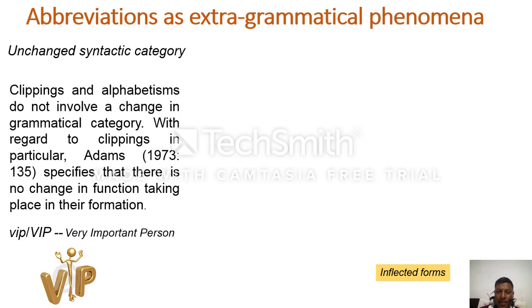For example, is alphabetism doesn't involve a change in grammatical category with regard to clients in particular. For example, we may remember that Adams 1973, for a specific author, the change function taking place in their formation.